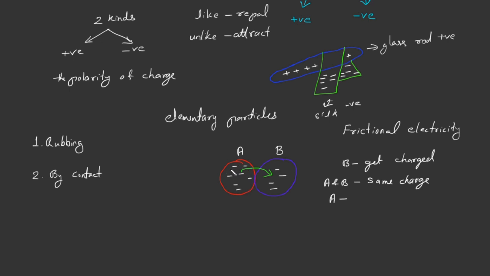Since some electrons from the charged material A have moved to material B, the charge of A decreases. So in this method B gets charged, but the charge of A decreases, and A and B have the same type of charge.